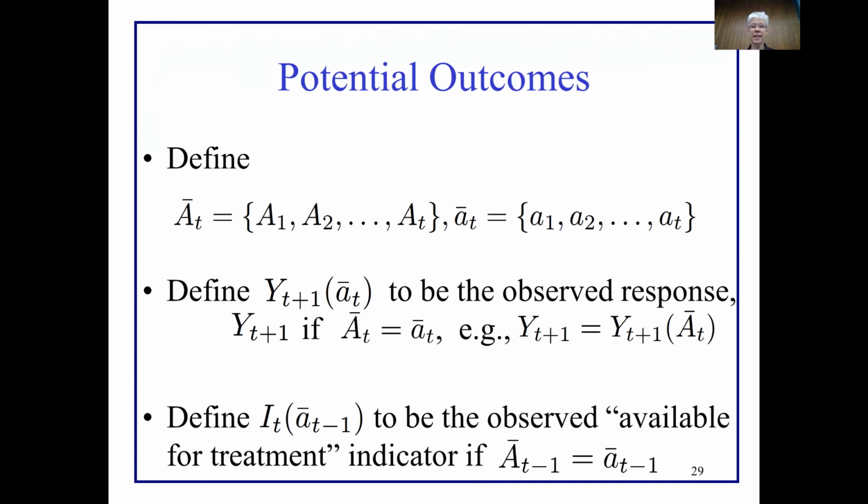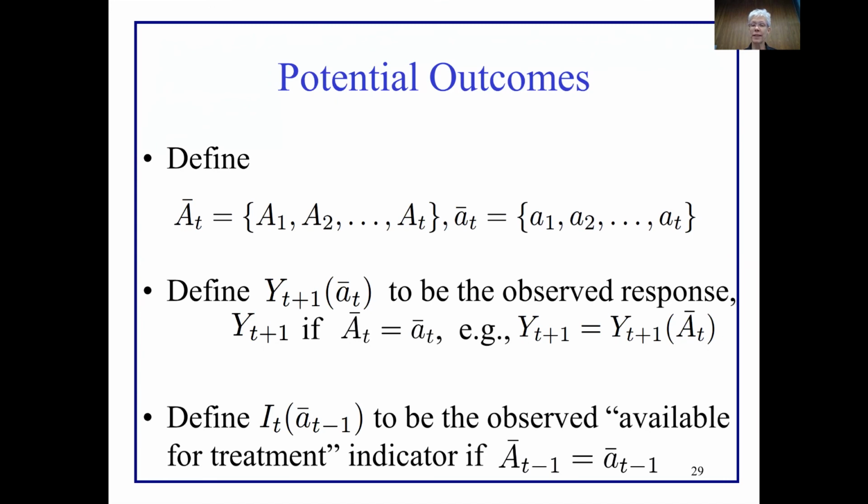Oh man, this is a technical slide. So what I'm doing is I'm using potential outcomes because I want to be very precise about what this main effect is, this time-varying main effect. Capital A's mean randomized treatments, they're binary in our case, and lowercase a means a realization.